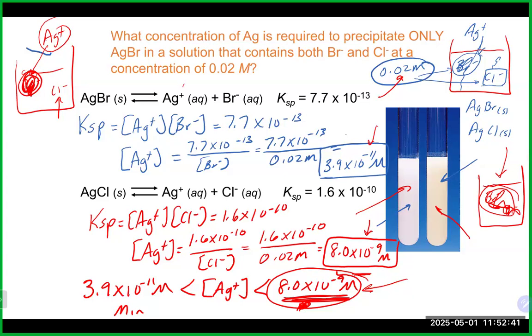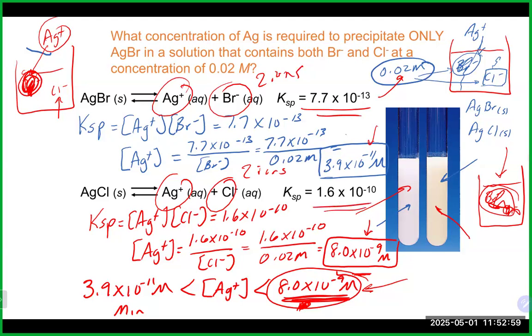I should know in this case, based on KSP, which one should be more soluble, because I could actually use the KSP in this case because they both break apart into 2 ions. I could compare the KSP values that were given to us, and we could see that the KSP value for silver chloride is actually larger than the silver bromide's.